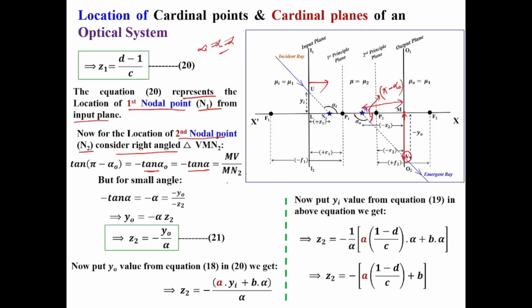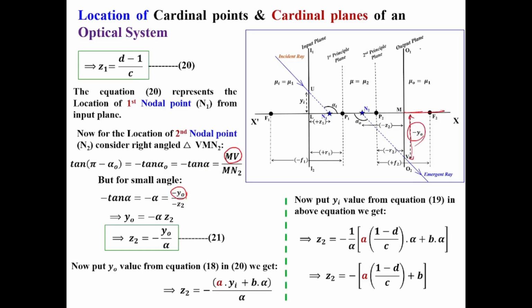This height is your MV by Mn2, right? MV by Mn2. But for small angle, tan alpha will be alpha, and minus is already there, so minus tan alpha will be equal to minus alpha for the small angle, equal to MV, which is considered as minus yo. Here this length is taken from the principal axis downwards, so this length is minus yo according to the sign convention.